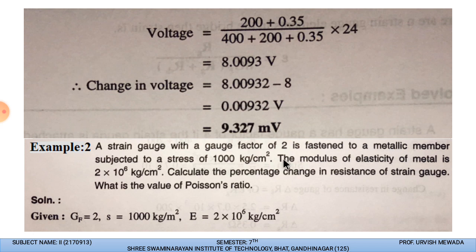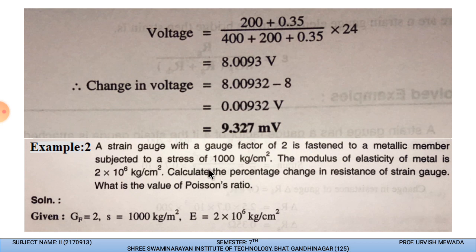So this is the strain gauge pasted on the surface of the metal, subjected to a stress of 1000 kg per centimeter square. The modulus of elasticity of the metal is 2 into 10 raised to 6 kg per centimeter square. So this is E, capital E. Calculate the percentage change in the resistance of the strain gauge.